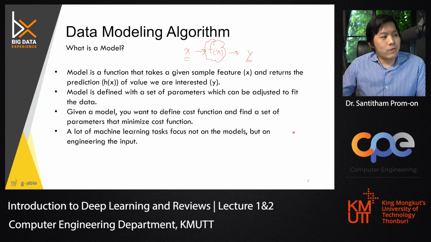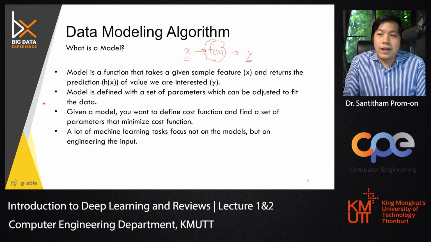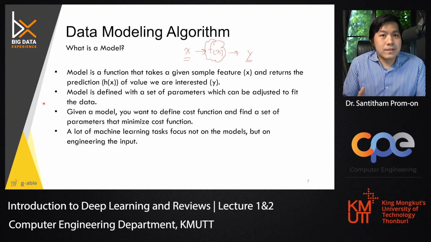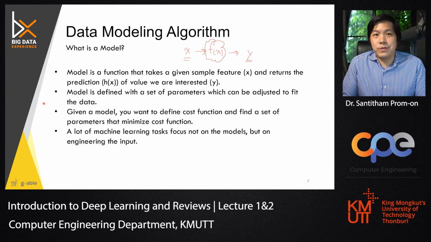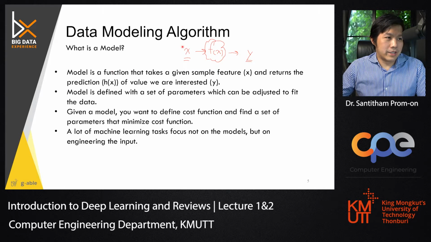Okay, so when we talk about a model, a model is a defined formula, a defined structure that has a certain set of parameters. Those parameters explain the association between the data that you have.